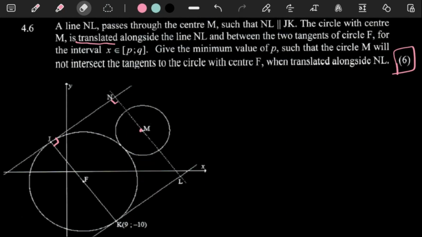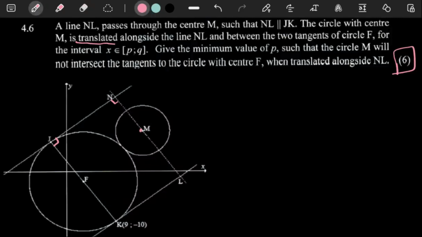Oh no, oops, I lied. M, yeah, it's the center. The circle with center M is translated along the line LN between the two tangents of circle F. Okay, for the interval X is between P and Q. Oh, I didn't lie.